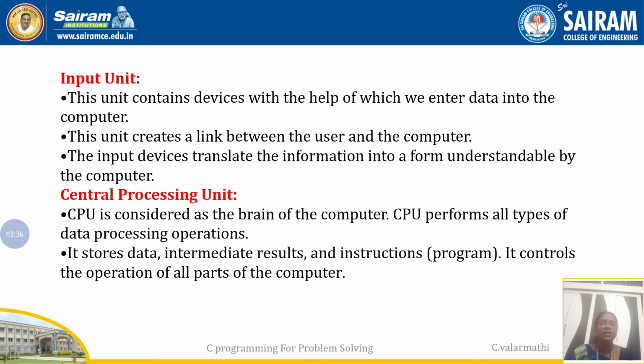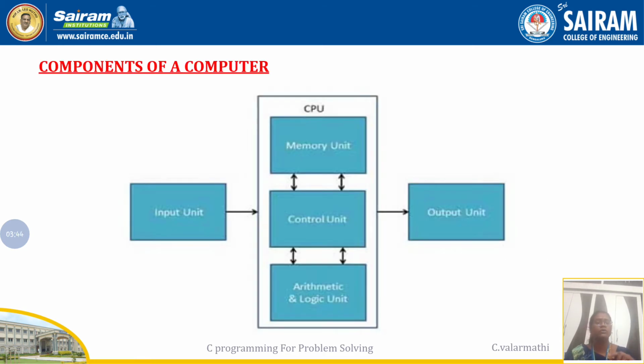Then after that, now we gave one input. Then what will happen? It will be processed in the central processing unit. When you revise the central processing unit, there are three major parts. One is the memory unit, another one is the control unit, and the third one is the arithmetic and logical unit.